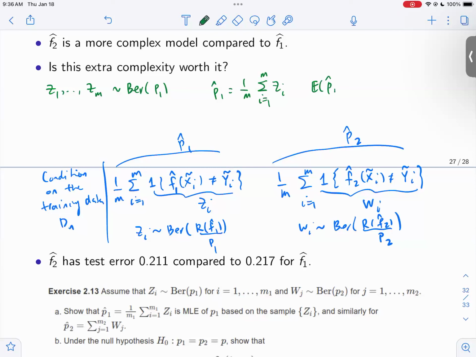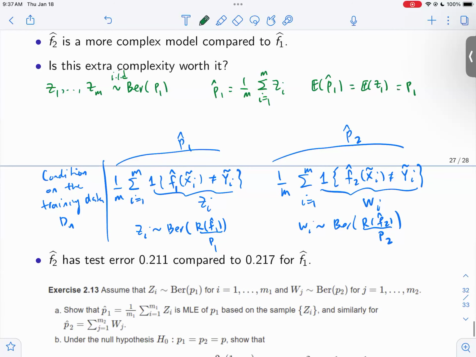Let's see how many of you are really stat makers. What is the mean of the sample mean? These are IID. The expectation of the sample mean is the population mean, which is just the expectation of one of them, P1. So this is unbiased for estimating P1, which is our risk.